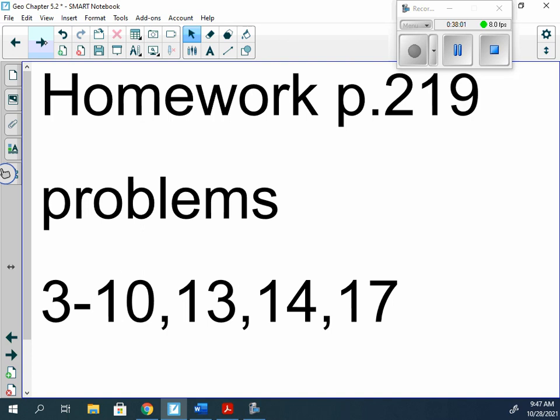And that is it for today. Your homework is on page 219, 3 through 10, 13, 14, and 17. 17 is one of the error detection problems. And how many pieces of answers are required for an error detection? 2. One is that you need to explain what they did wrong or what is incorrect in their statement.